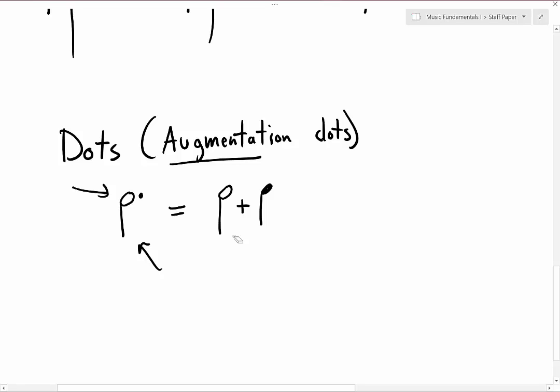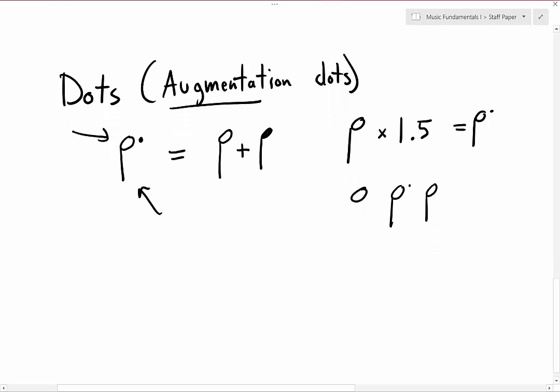So we've taken a note value, and when we add a dot, it's like saying multiply it times 1.5. Half note times 1.5 equals a dotted half note. So this gives us a length in between the whole note and the half note. It's right in the middle. Okay, so there's one example.